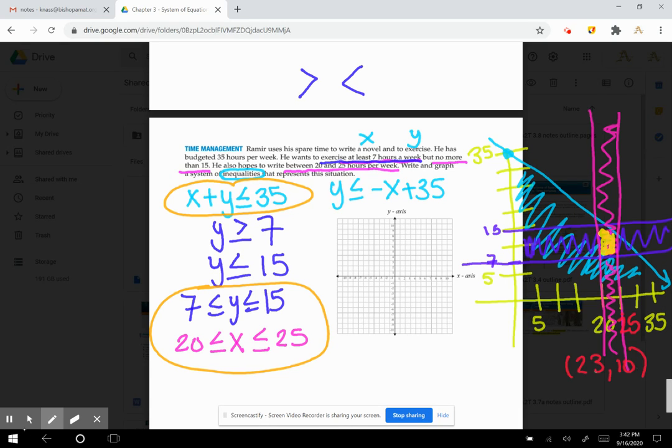But what is that in the words that we're working with? 23 novels and 10 hours of exercise. Again, why did I get (23, 10)? Because it fits. It's about right here. So again, you can pick any combination, but that's what we're looking at there.